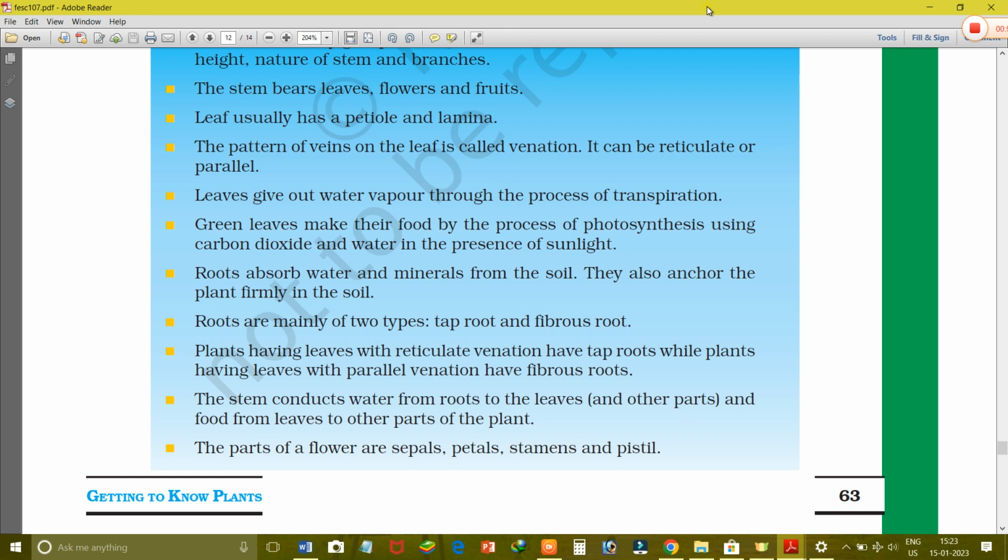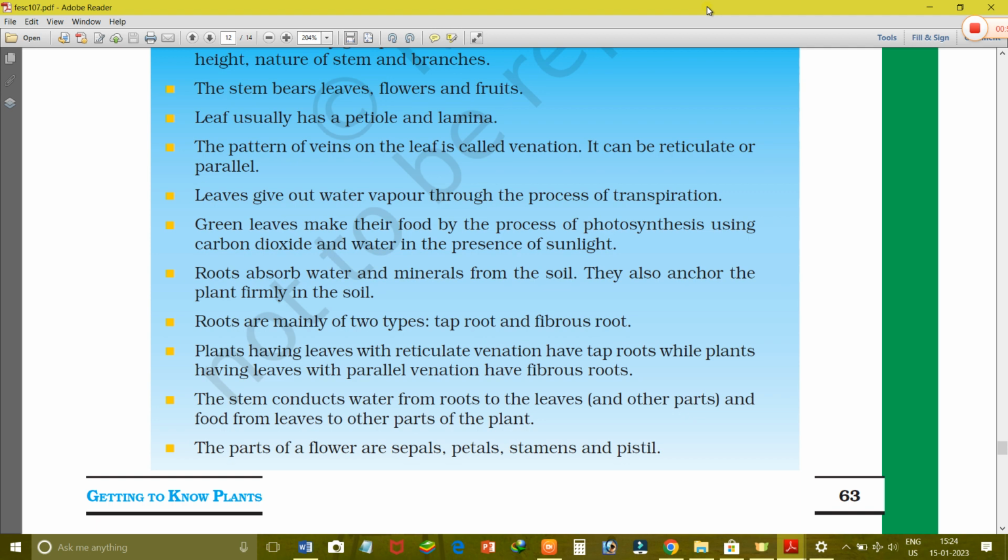Green leaves make their food by the process of photosynthesis using carbon dioxide and water in the presence of sunlight. Roots absorb water and minerals from the soil.